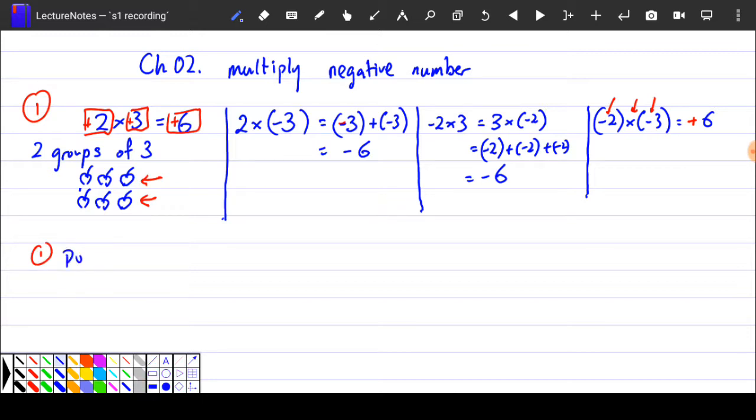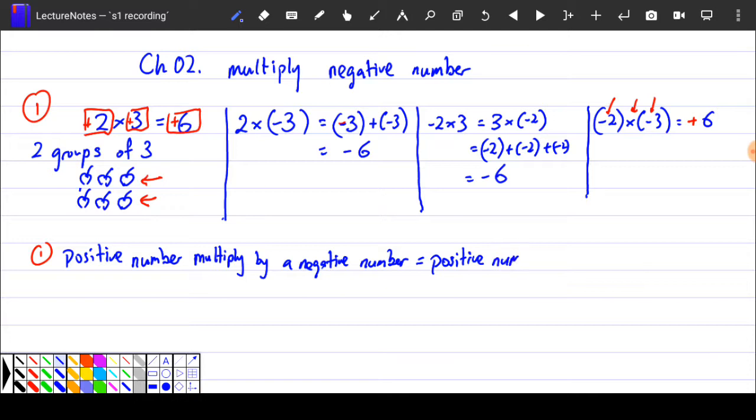When there is a positive number multiplied by a negative number is equal to positive number. I said wrongly. Let me change it. So it's not negative, but this is positive.